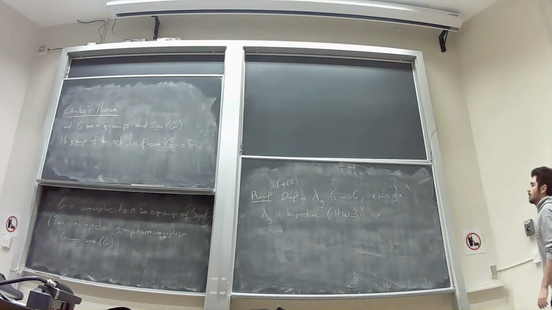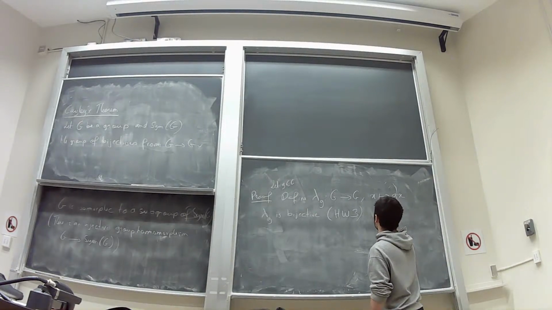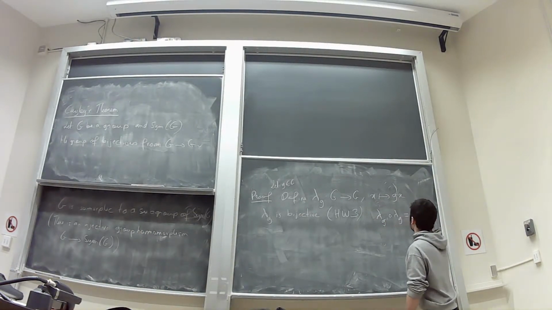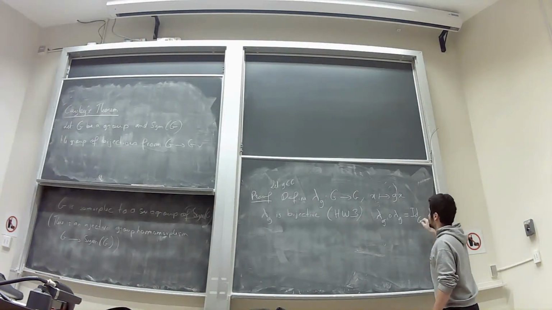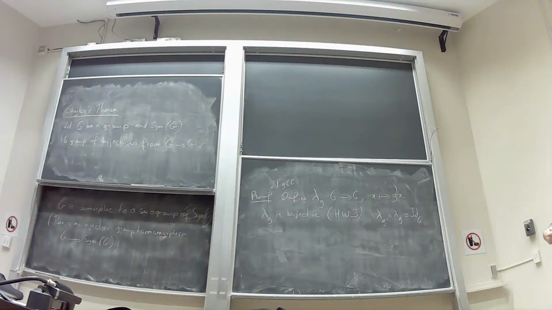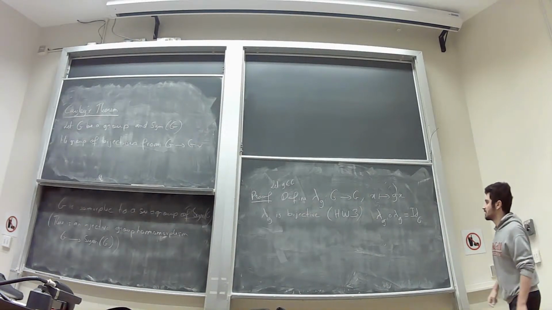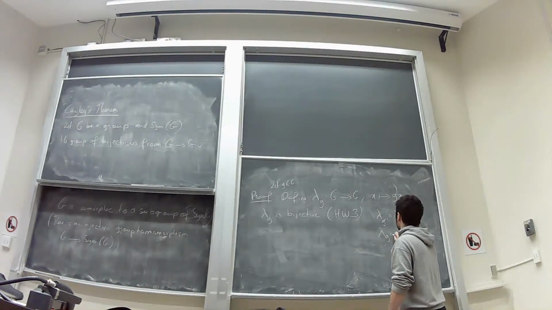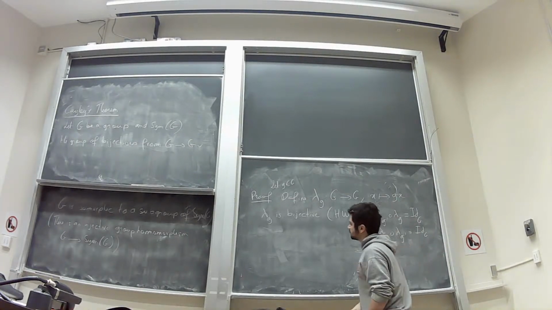What's the inverse of lambda_g? Consider lambda_{g inverse} composed with lambda_g. You can check that this is the identity on G. g inverse times gx is x. And g inverse times x is also x, right?